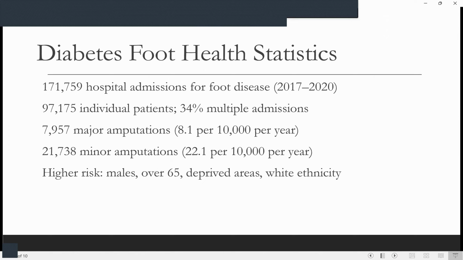I was treating one lady. She arrived for her treatment, took off her shoes, and on the left foot, all her toes were completely black. So obviously, I didn't treat. I sent her straight to the doctors, and she got seen, and she was actually fine.